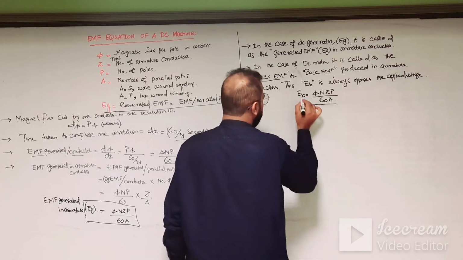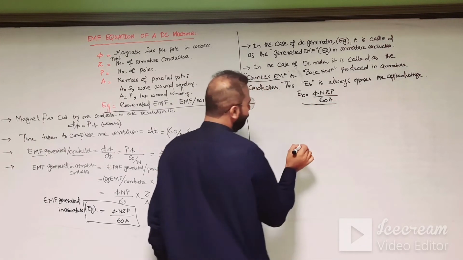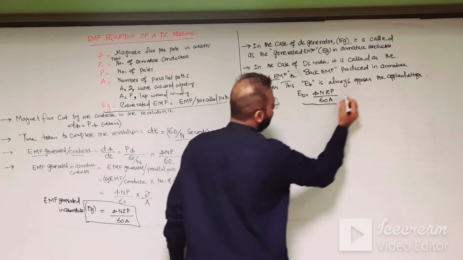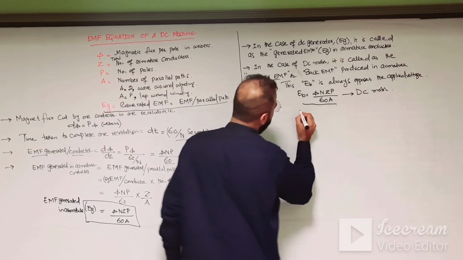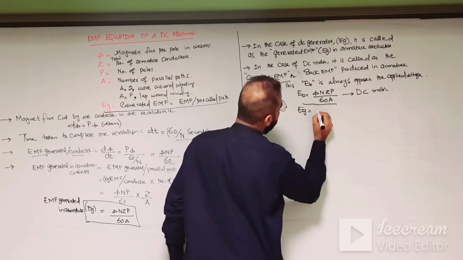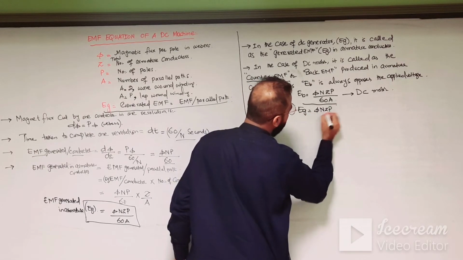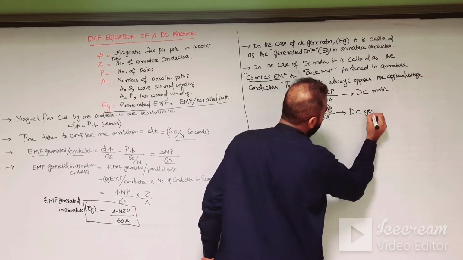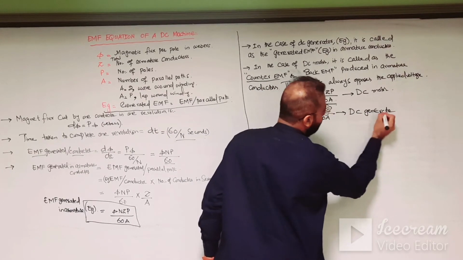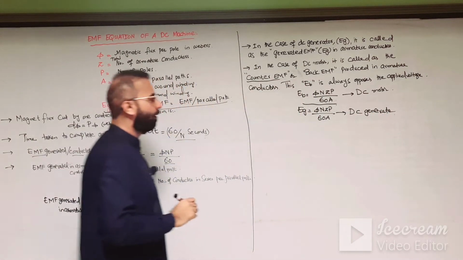So this will be in the case of the DC motor, and EG is equal to PɸNZP over 60A in the case of the DC generator.